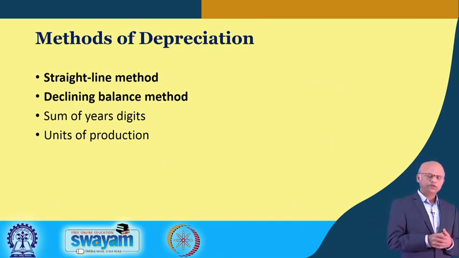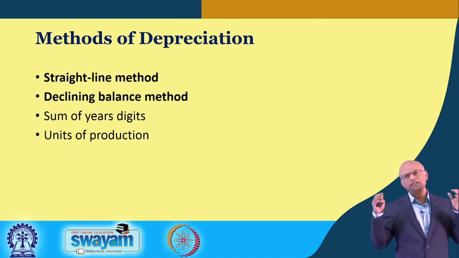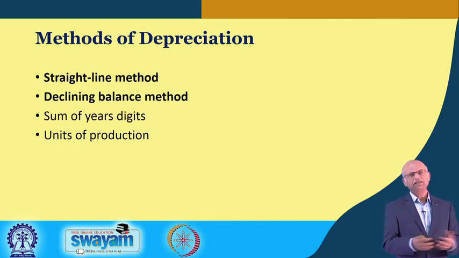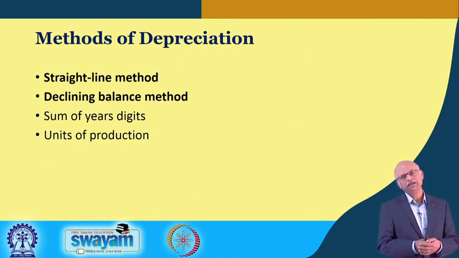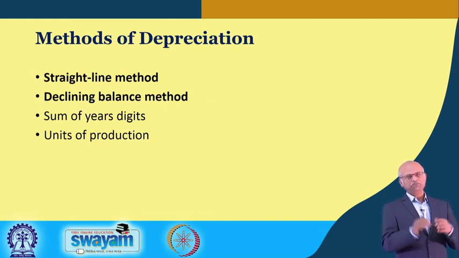Now, methodology. Actually from the example of this Xerox machine, now you know the complexity. You cannot actually charge the entire Xerox machine cost as depreciation in the first year itself. Then you will end up pricing your per copy Xeroxing fees very high, because the cost is going to be very high. So, there has to be uniformity from that point of view. So, thankfully there are methods for depreciation.